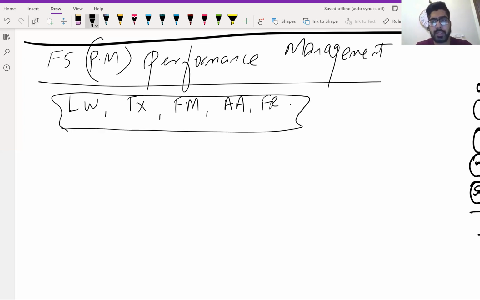So people usually consider this paper a bit challenging compared to the other exams, usually because it requires a great depth of conceptual knowledge in order to pass this exam.